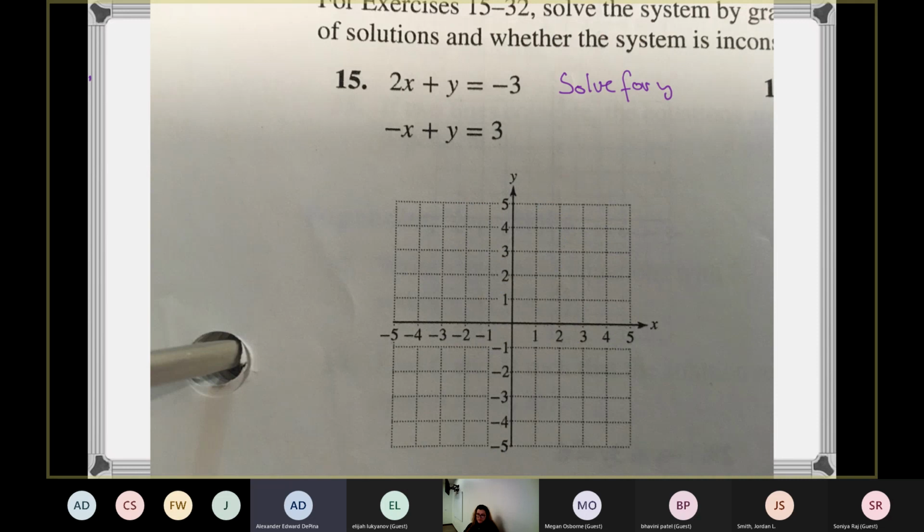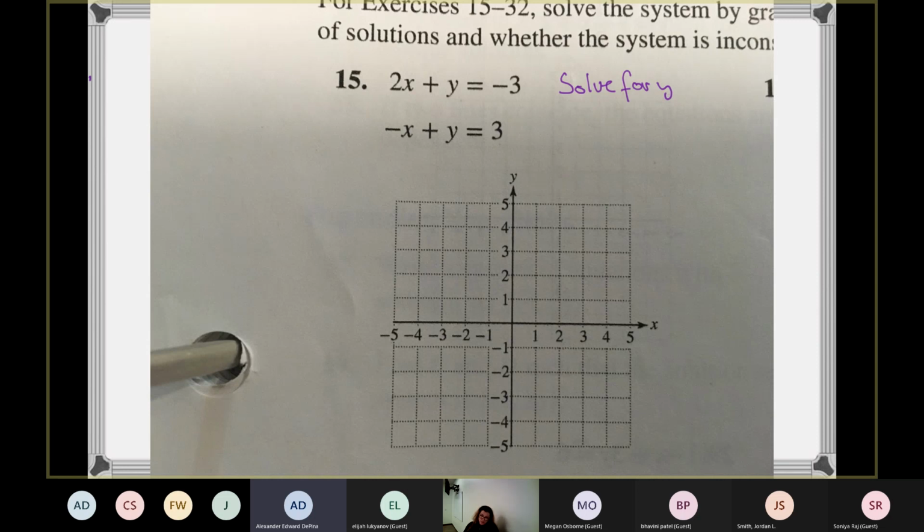Now we're actually going to have to graph some. Here's our first problem, number 15. And we're going to graph them the way I prefer, by solving for y, slope, and y-intercept. If you want to graph it any other way that you prefer better, please do so. As long as we have the same answer, I'm happy.